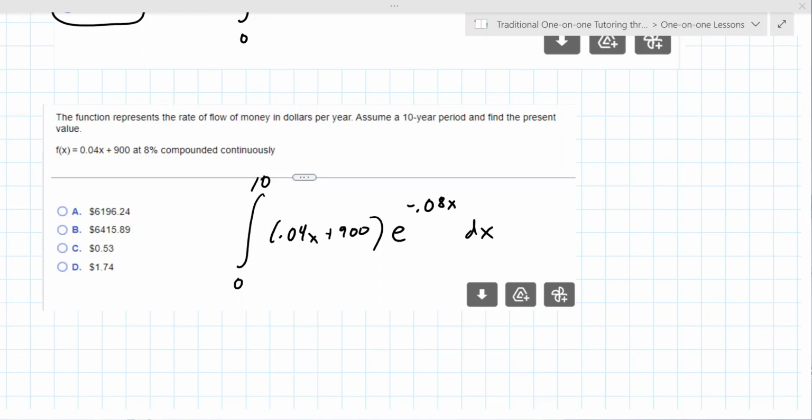E caret. Okay. I just want to double check this calculation. I did get A, but I'm concerned. I couldn't remember if it was a negative or a positive, but you're also taking into account the discounted value of money.